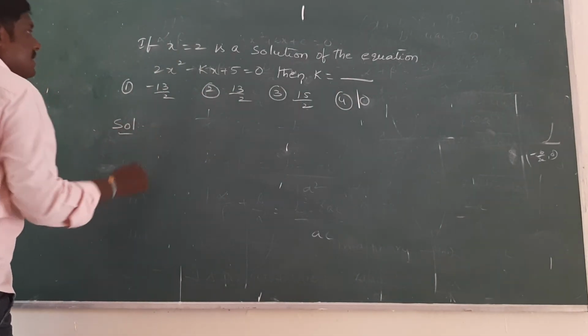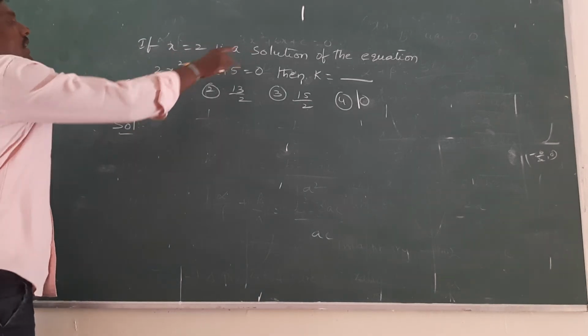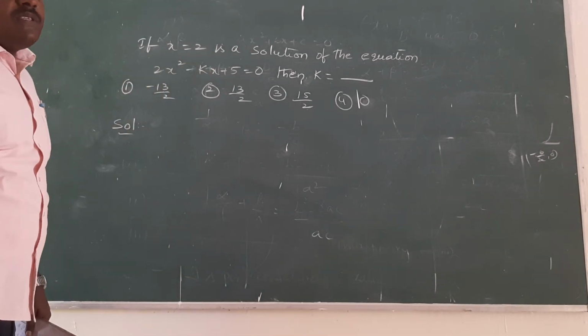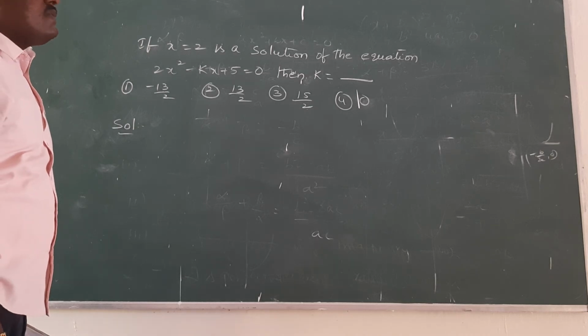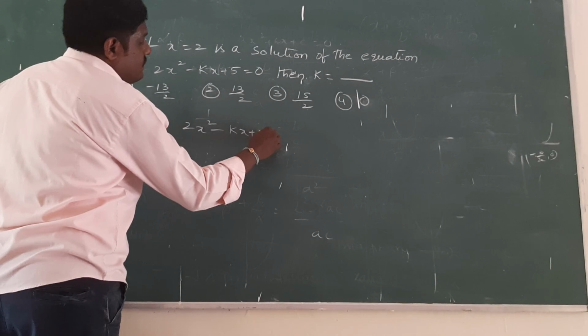So here, what is given? x equal to 2 is a solution of the given equation, which means x equal to 2 satisfies the equation 2x square minus kx plus 5 is equal to 0.